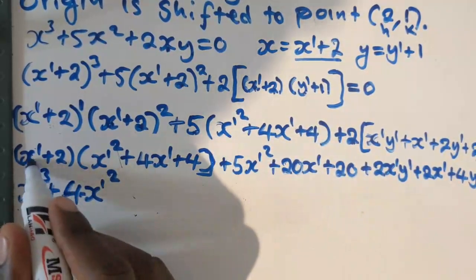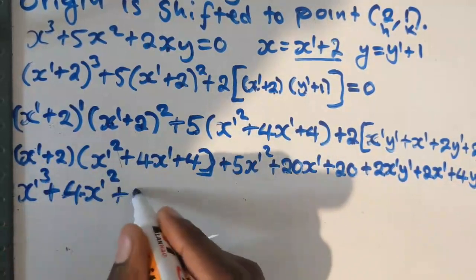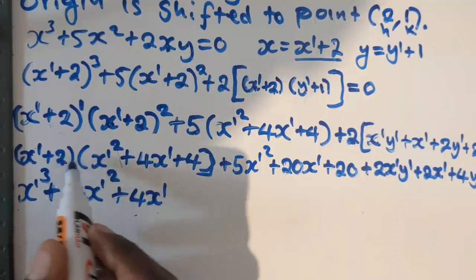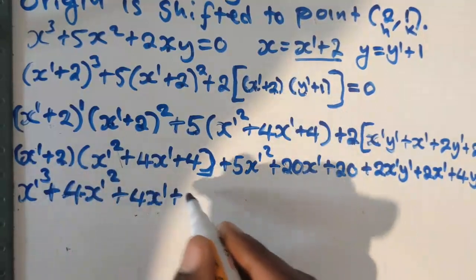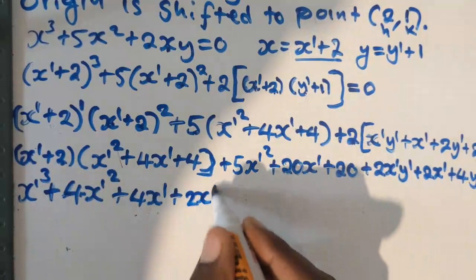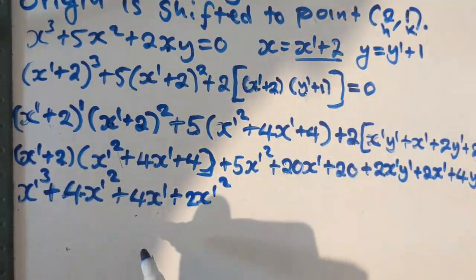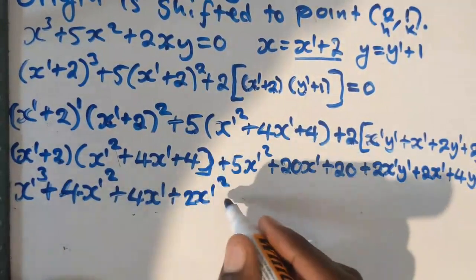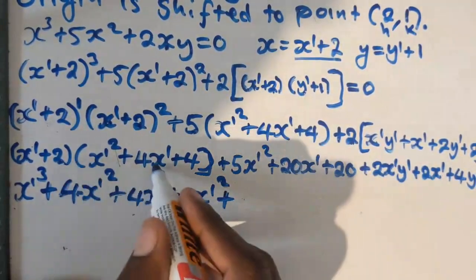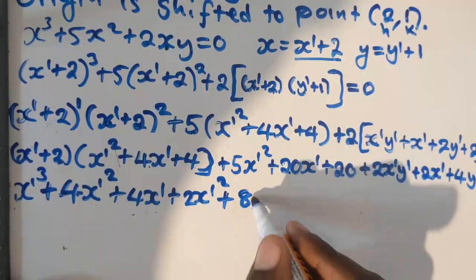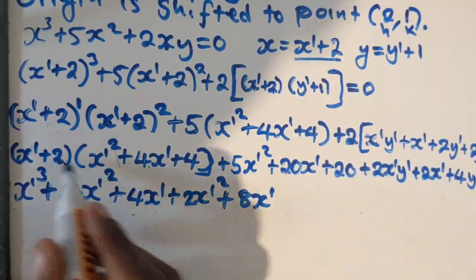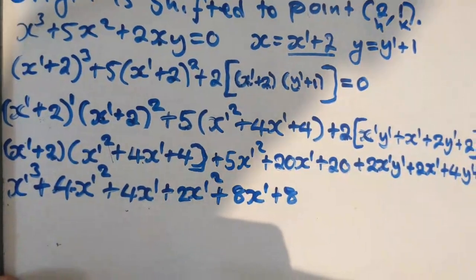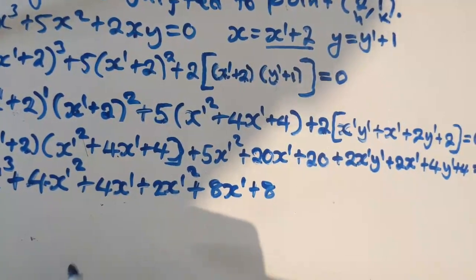Then this same x prime times 4, you're going to have 4x prime. Again, you multiply this 2 times x prime squared, you're going to have 2x prime squared. Don't make mistakes. So 2 times 4x prime, you're going to have 8x prime. 2 times 4, you're going to have 8. Just follow it step by step.